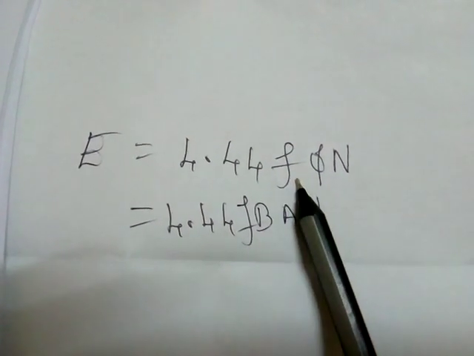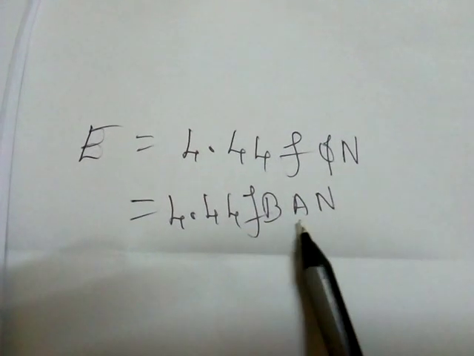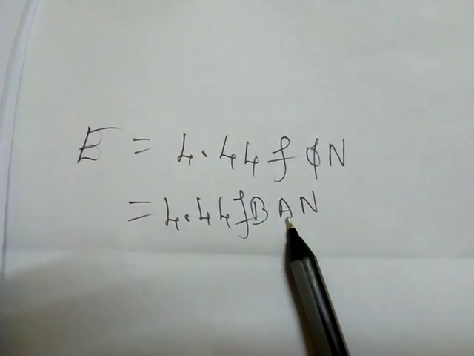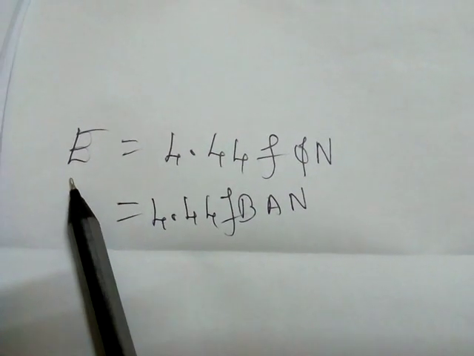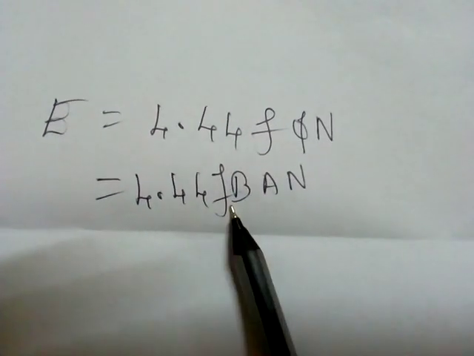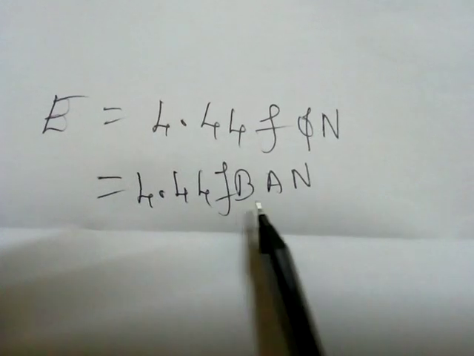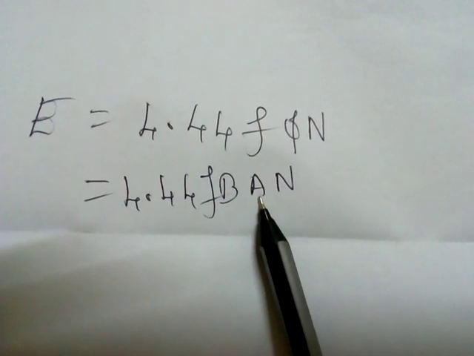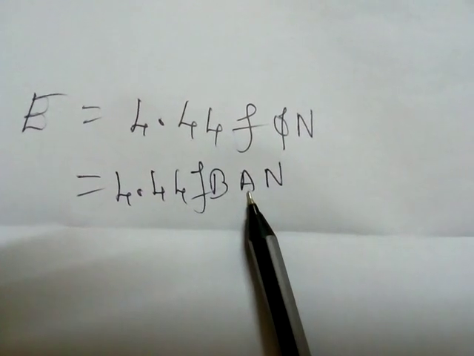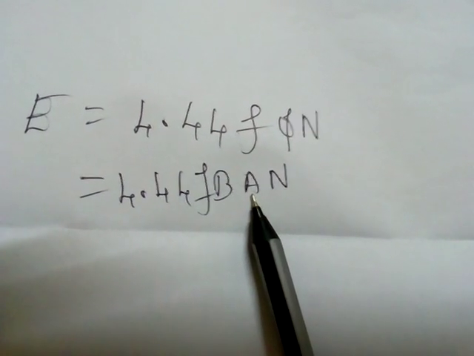If frequency is less, you need more area of cross section for a given voltage. If frequency is increased, A can be less, core area can be less, hence size of transformer becomes small.